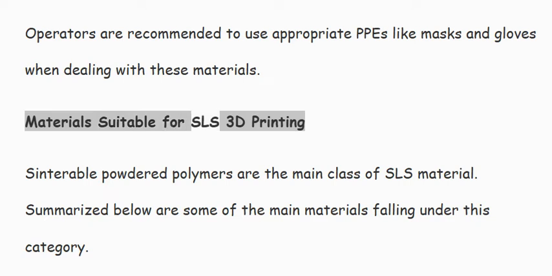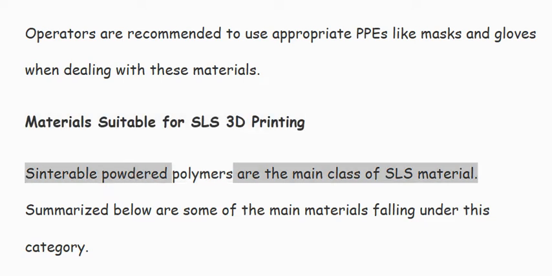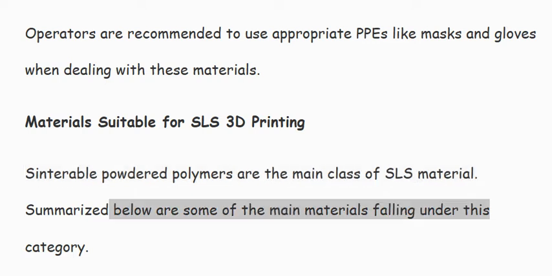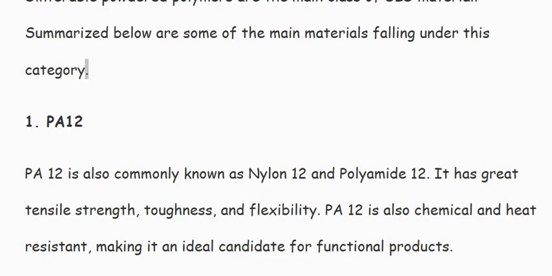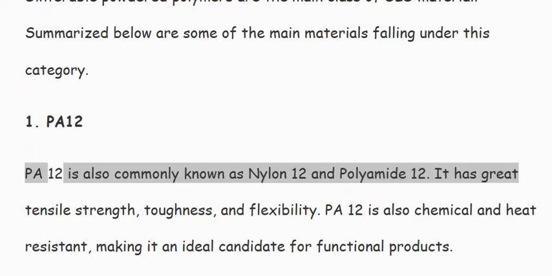Materials suitable for SLS 3D printing. Sinterable powdered polymers are the main class of SLS material. Summarized below are some of the main materials falling under this category. 1. PA 12. PA 12 is also commonly known as nylon 12 and polyamide 12.